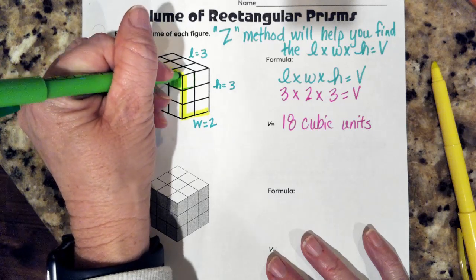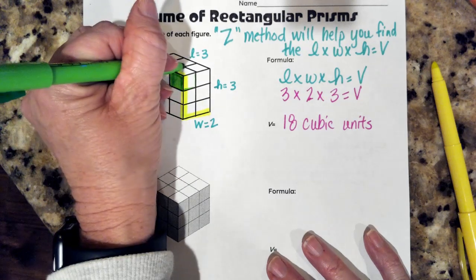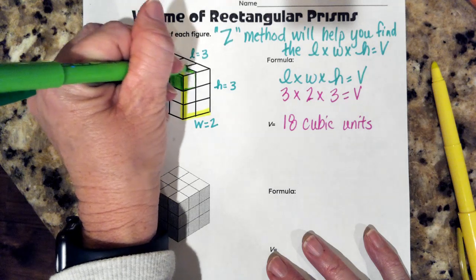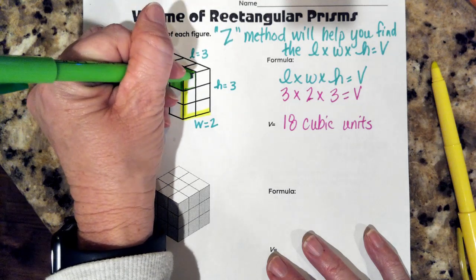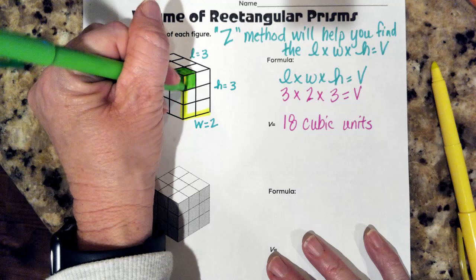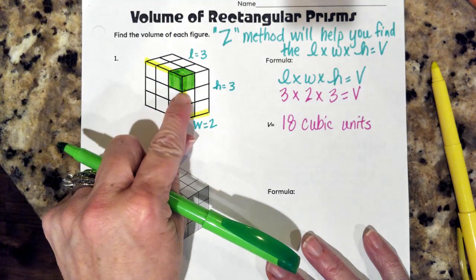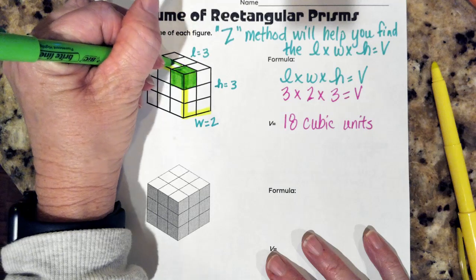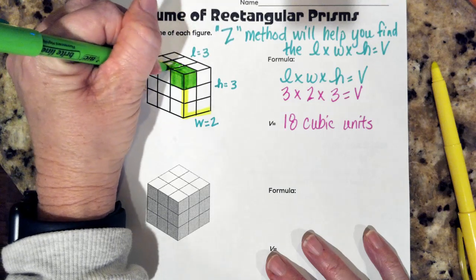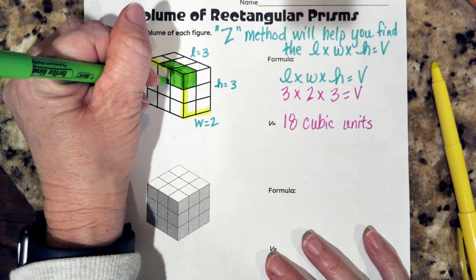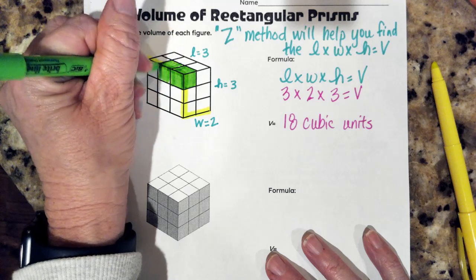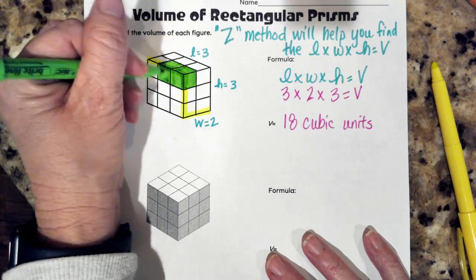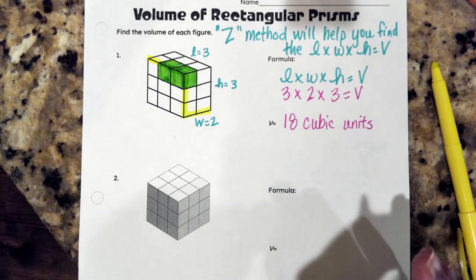As I shade it in, I can say this is the front of the cube, this is the top of the cube, and this is the side of the cube. So that's 1 cube. And I see that I have another one next door. I can only see the top and the front of it. I'm unable to see the side because they're side by side.